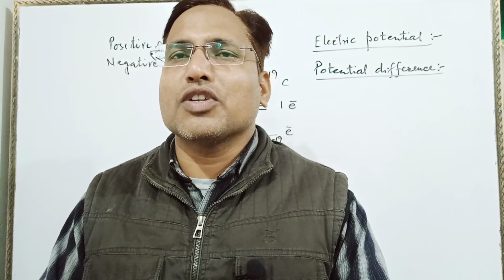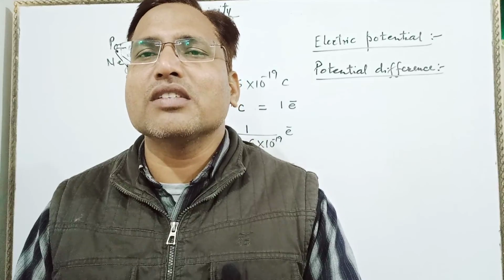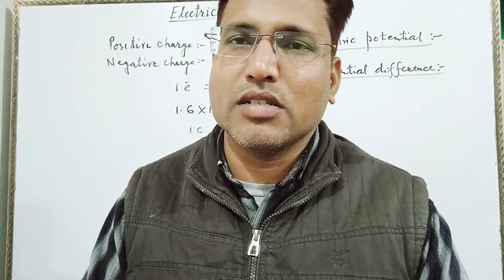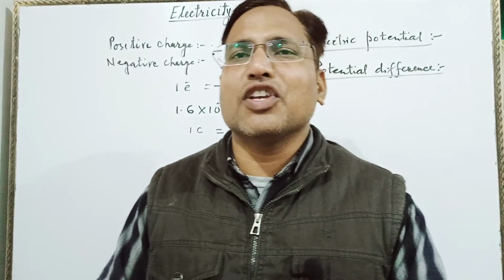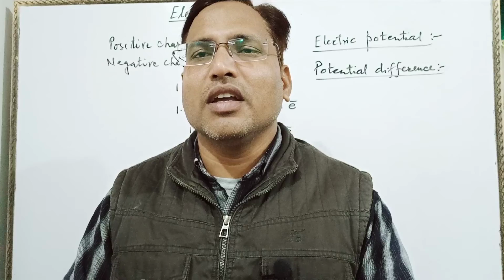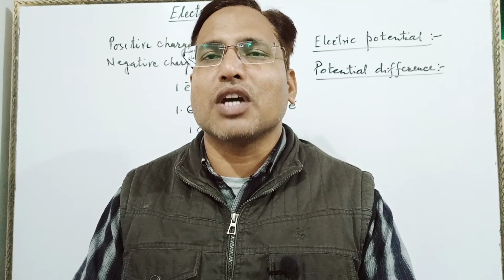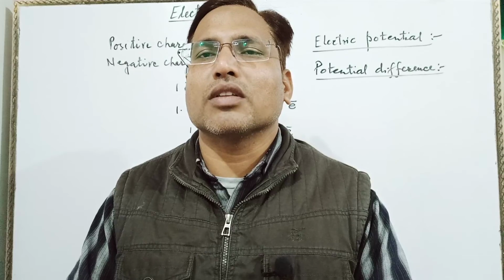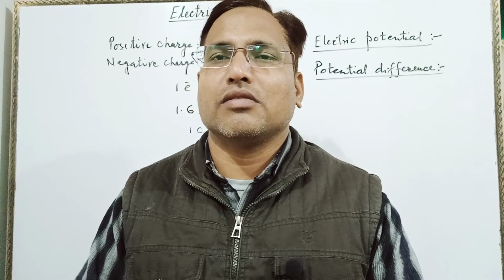So potential difference we can say is the difference in the potential between 2 points. This is also correct. But the proper definition is that the amount of work done in moving a unit positive charge from one point to another point is known as potential difference.